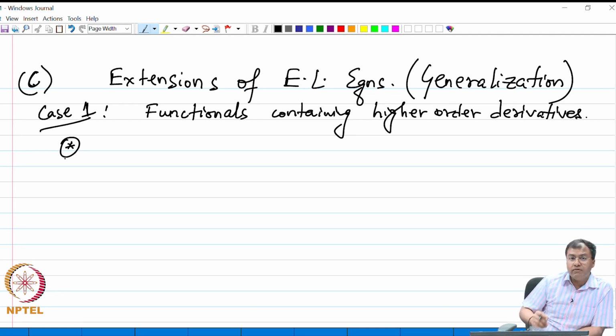Let us say derivatives like y double prime, y triple prime, and so on and so forth.